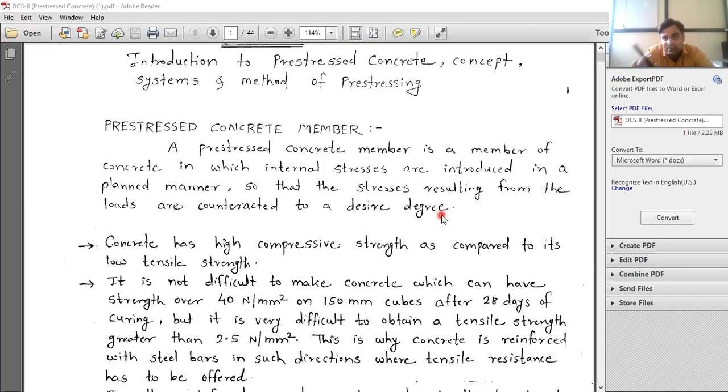Nullifying does not mean exactly zero, but it reduces the stress. Indirectly, we are increasing the strength of the member, and this concrete is known as prestressed concrete, and this member as a prestressed concrete member. I will draw one diagram so that you can understand this. We will go to the whiteboard.